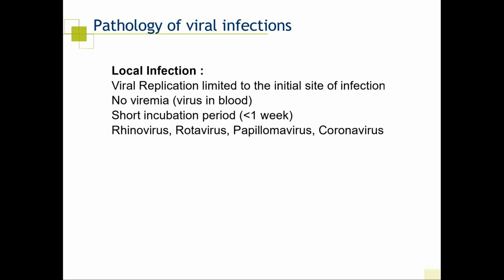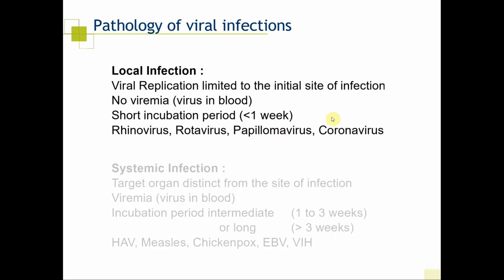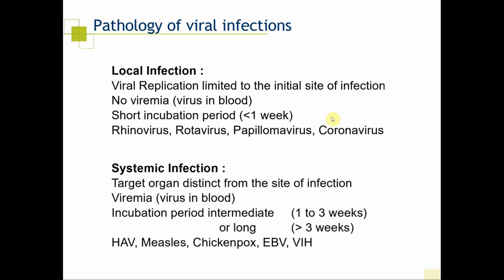Rotavirus infects your gut, and they just replicate in the gut. They don't go in the blood. Papillomavirus, they infect you on the skin, they stay on the skin. Coronavirus, same kind of thing. Infect the respiratory epithelium, they stay there. Well, maybe in the severe forms they have a bit more systemic spread.